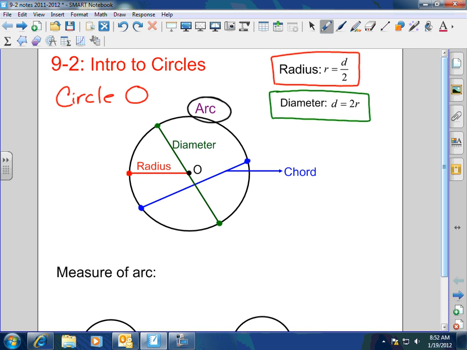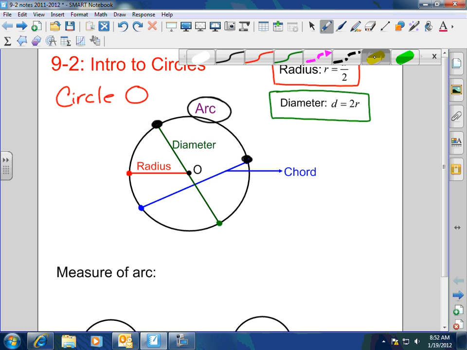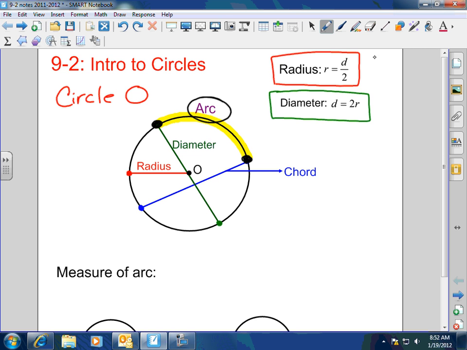That little curve, from here to here, let's highlight it so you can see it. This part right here, that's an arc. An arc is simply a fraction of a circumference. That's all it is.